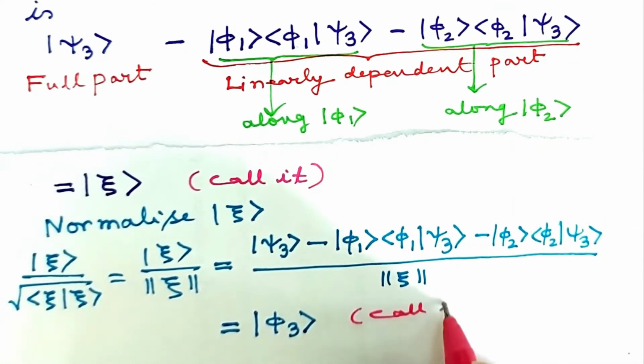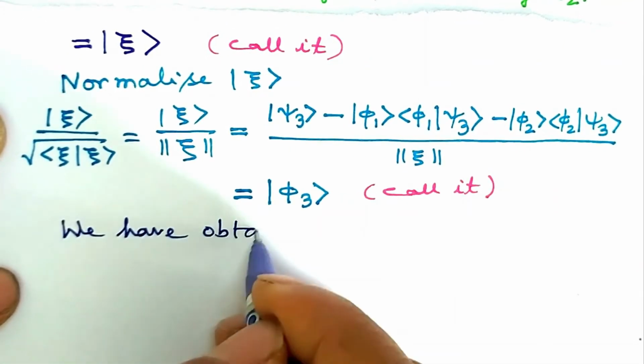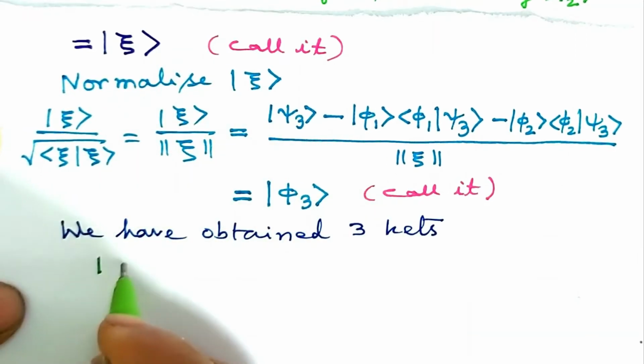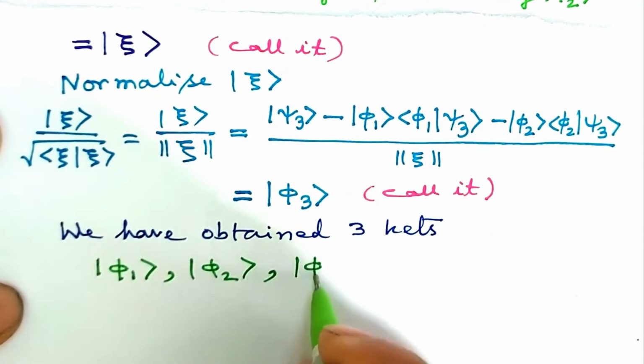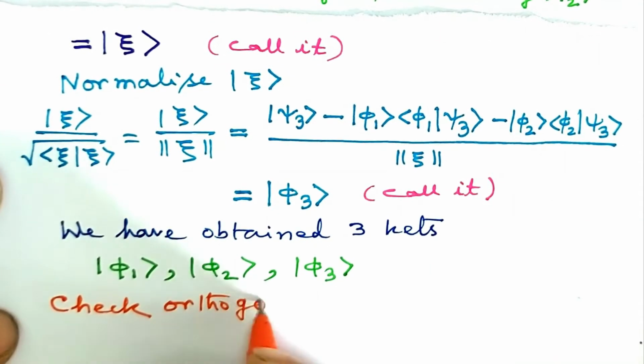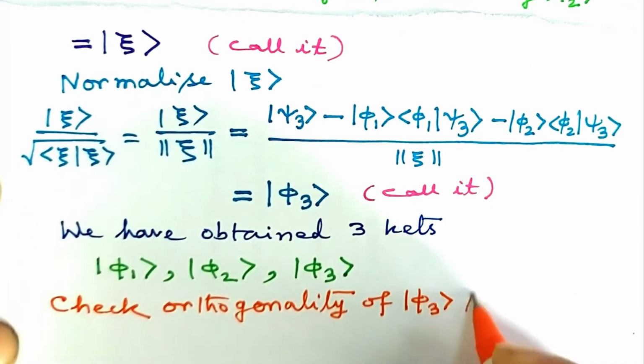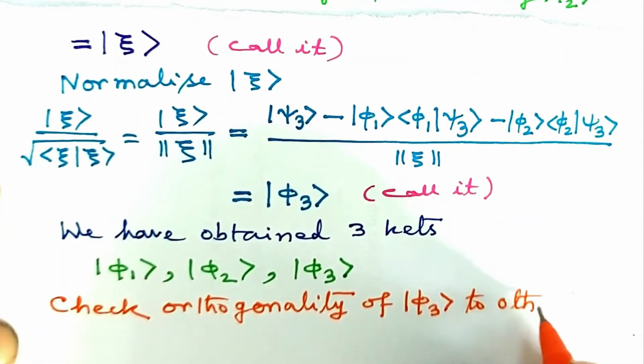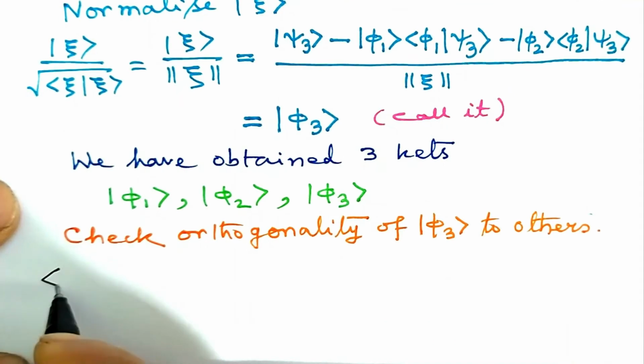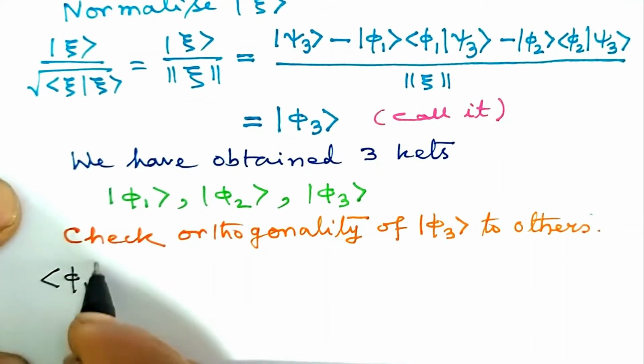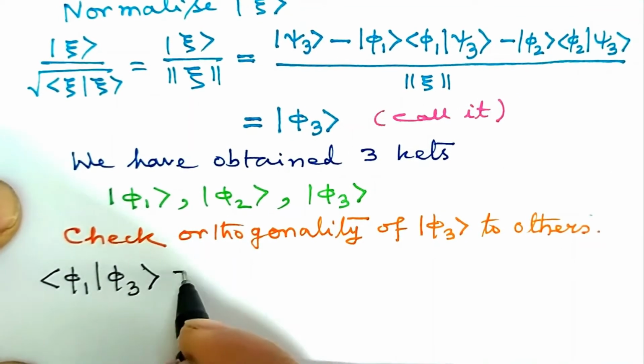Call it so. We have obtained three kets, ket phi 1, ket phi 2, ket phi 3. Check orthogonality of ket phi 3 to ket phi 1 and ket phi 2. Consider the inner product bra phi 1 ket phi 3.